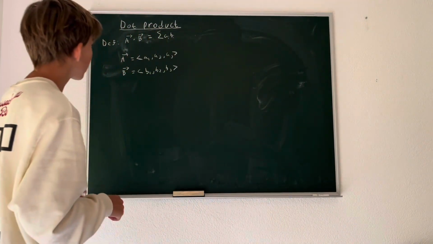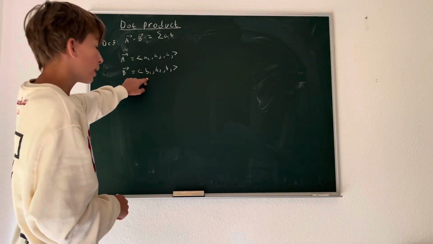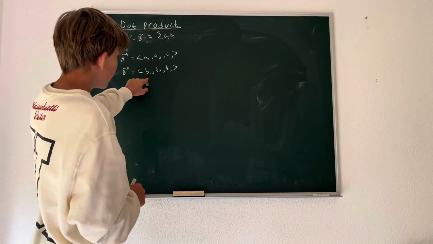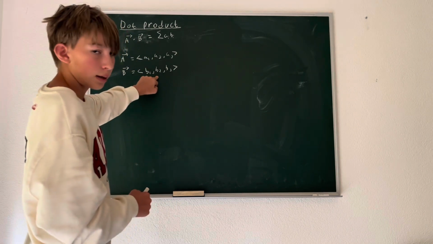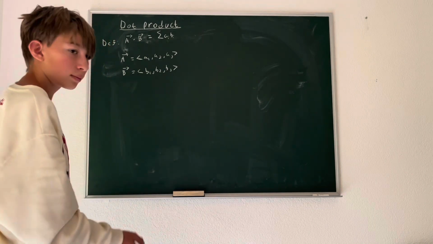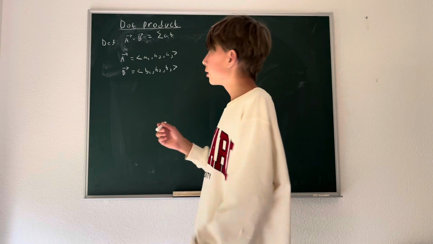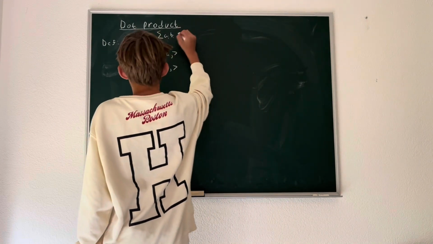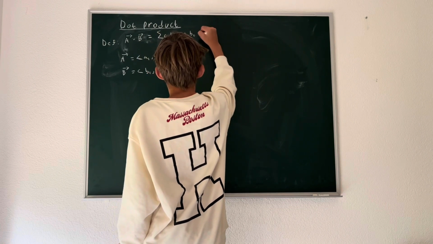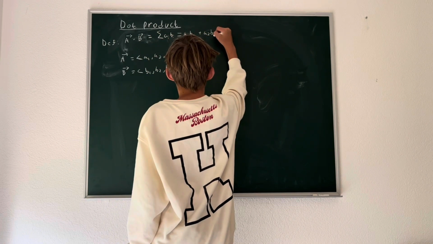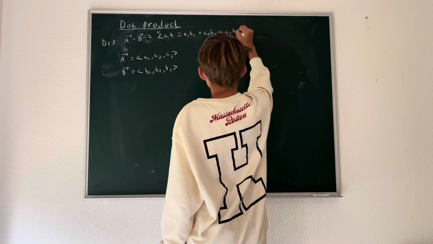So this is going to be the X component of A multiplied by the X component of B plus the Y component of A times the Y component of B, and so on. So this equals A1B1 plus A2B2 plus A3B3.